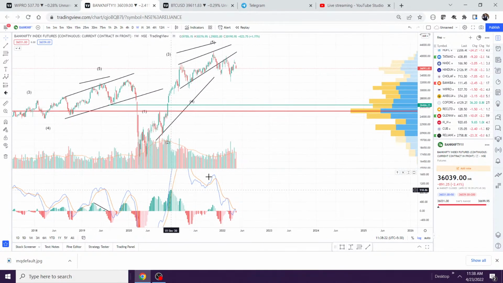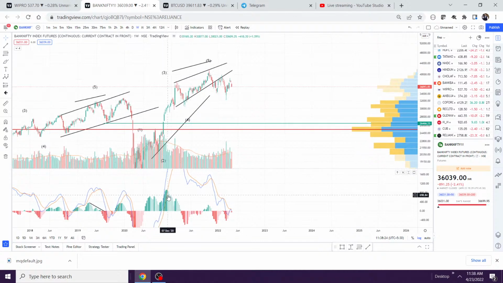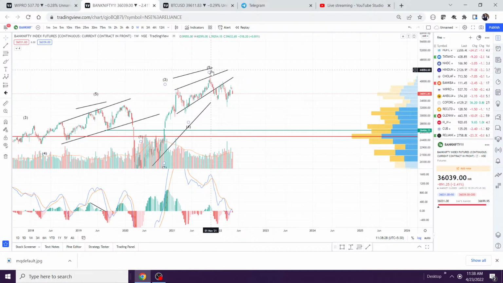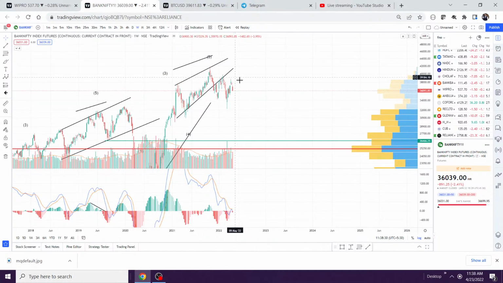You can see a divergence between this and this and this and this. So after the fifth wave, we get an A B C pattern.